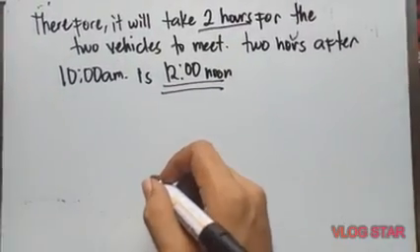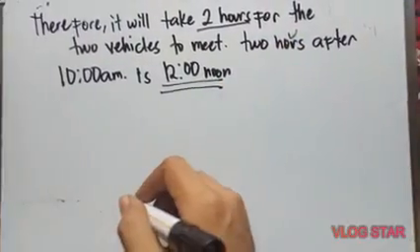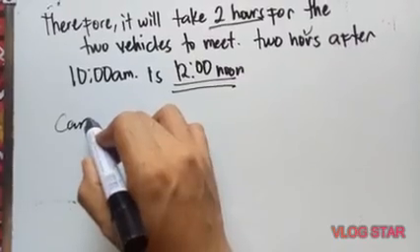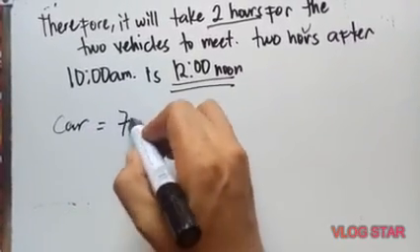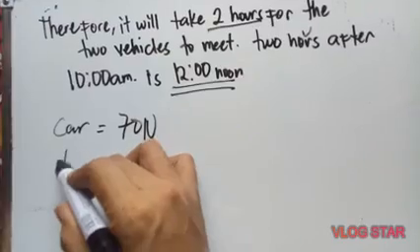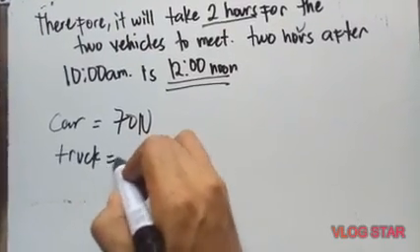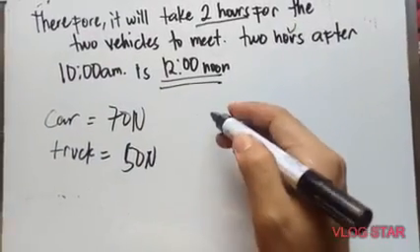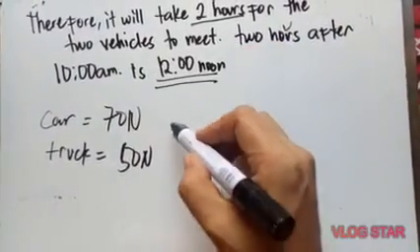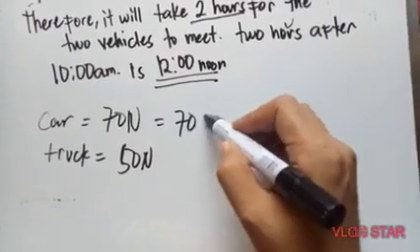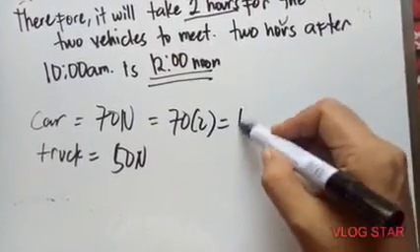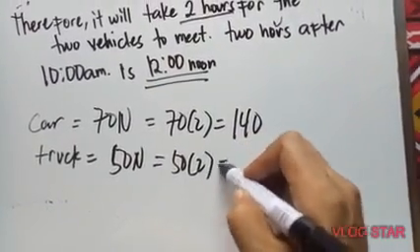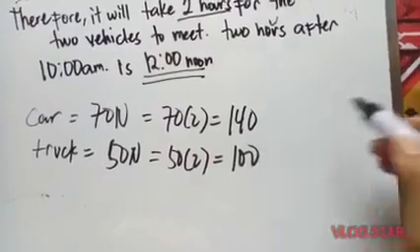To check our answer, we can go back to the algebraic expression. For the car it is 70n, and for the truck we have 50n. Just substitute the value of n with 2: 70 times 2 is equal to 140, then 50 times 2 is equal to 100.